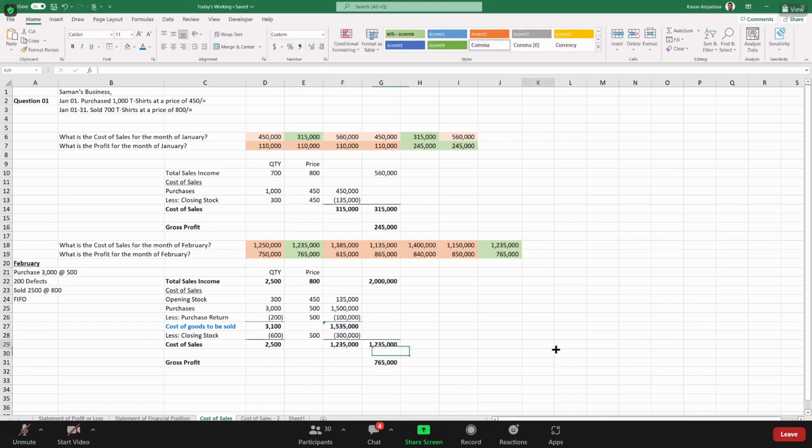Cost of the goods to be sold. But we have sold 2,500, remaining stock 600. This is how the calculation works. And only 2 of you got that correct.